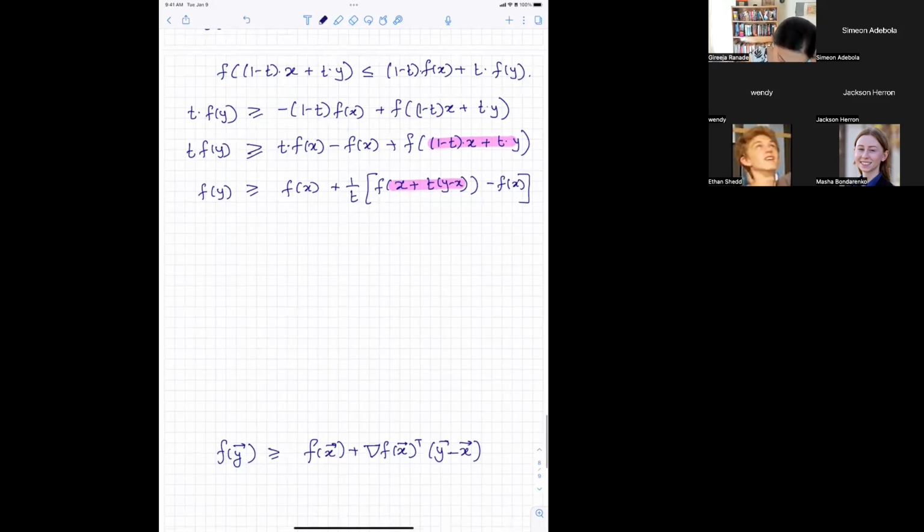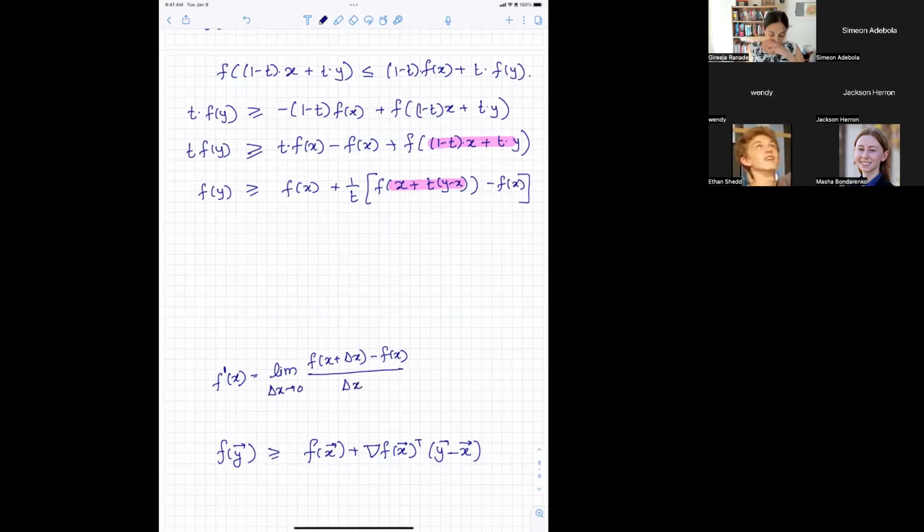Recall, f prime of x is the limit, let's say as delta x tends to 0, of f of x plus delta x minus f of x divided by delta x.